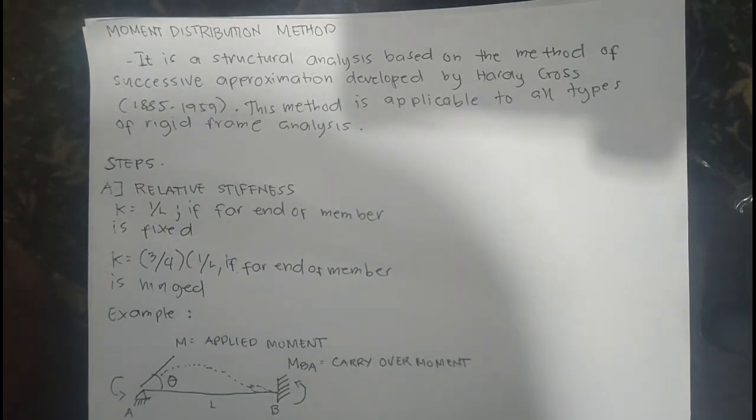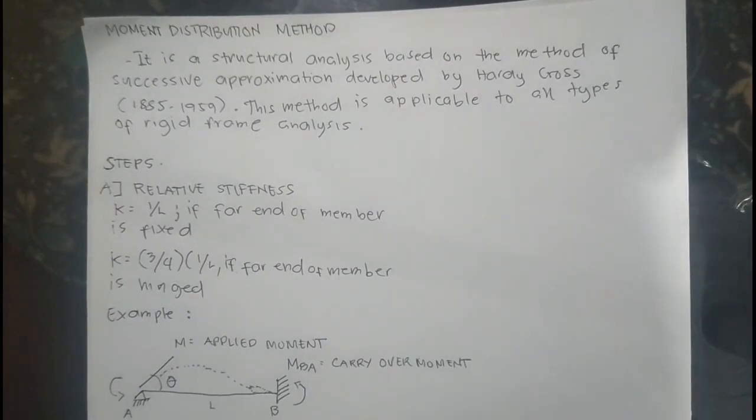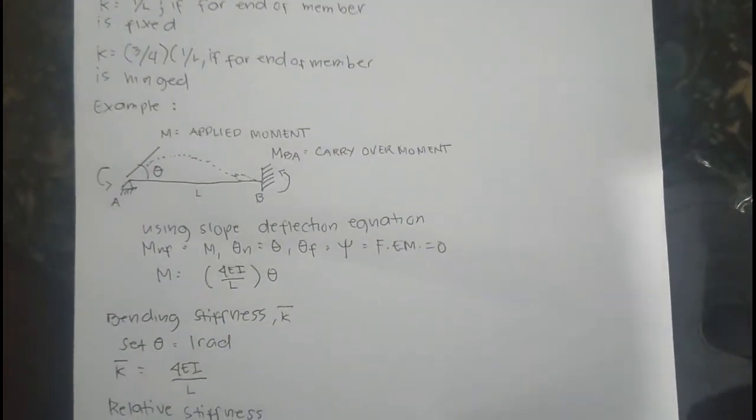The steps to solve the moment distribution method: first is the relative stiffness, so K equals I over L. If the far end of the member is fixed, then K equals I over L. If the far end of the member is hinged, you can use 3 over 4 times I over L. For example, as you can see in this graph, using the slope deflection equation with theta n equal to theta f equal to 0 and fixed end moment equal to 0, M equals 4EI over L times theta.